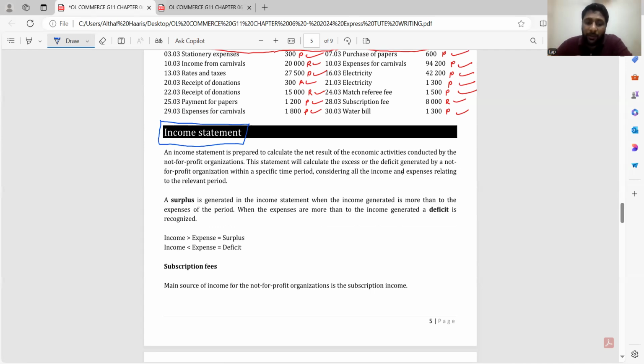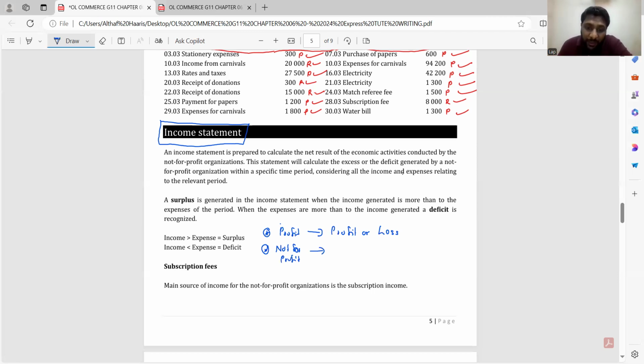But one thing that you have to remember: in profit-seeking organizations, normally you will have profit or loss. But in not-for-profit organizations, generally we will not use the word profit or loss.